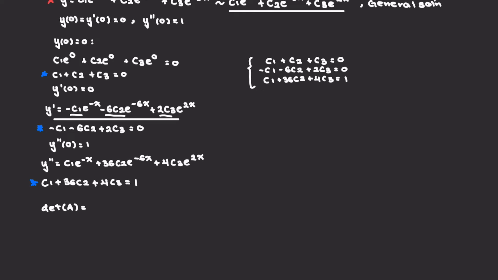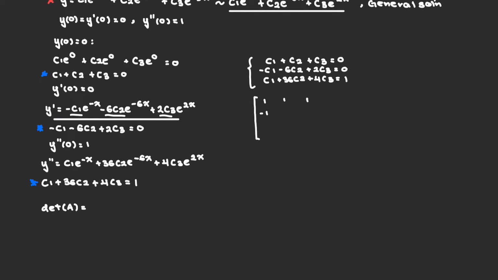We can transform it in the form of a matrix which corresponds to the unknowns that we want to find, and also towards the right hand side, of course. So this is just 1, 1, 1.